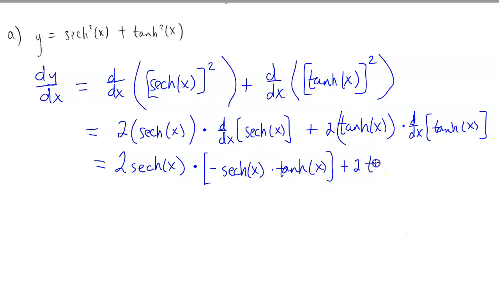And this will be 2 times tangent hyperbolic here. And the derivative of tangent hyperbolic will be secant squared hyperbolic. So now from here we will try to combine what we can here to make this look nice.